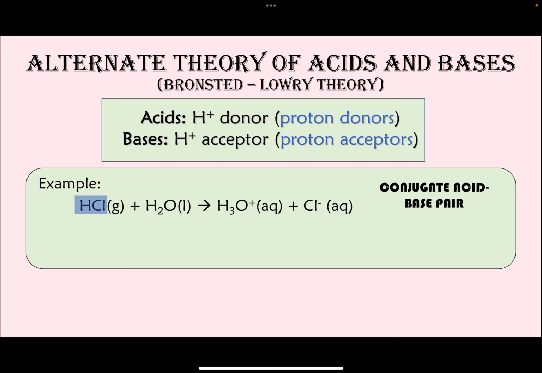As you can see, if we focus on HCl, we see that HCl converts into the chloride ion. That means HCl has lost or donated its H positive ion, or the proton. By the way, H positive is called a proton because a hydrogen ion only has one electron when it becomes a hydrogen atom.